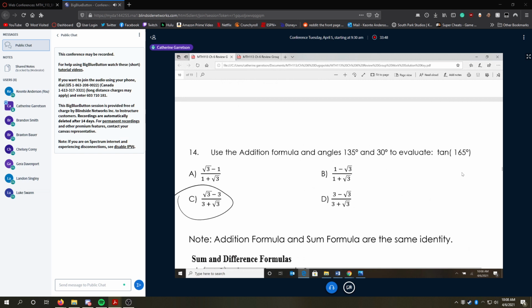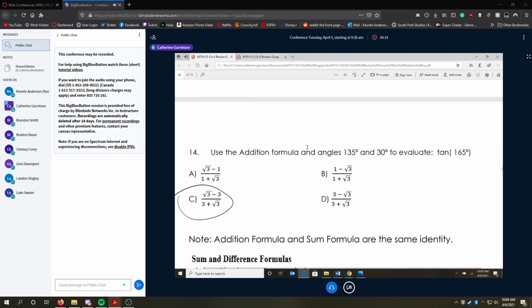So I can find the exact value by using these two angles. Now, this is one where you have to be careful because sometimes people work backwards from the answer, and there may be another answer that has the same numerical value as this, but it would be using other angles, and so it would be in a different form.